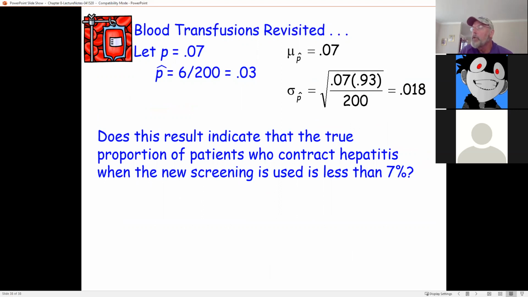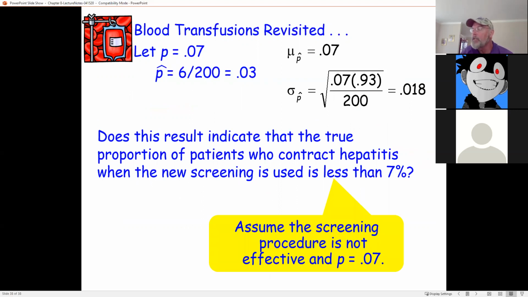All right, so what can we do with this particular situation? We can start to think about 0.07 as the center and a standard deviation of 0.018.